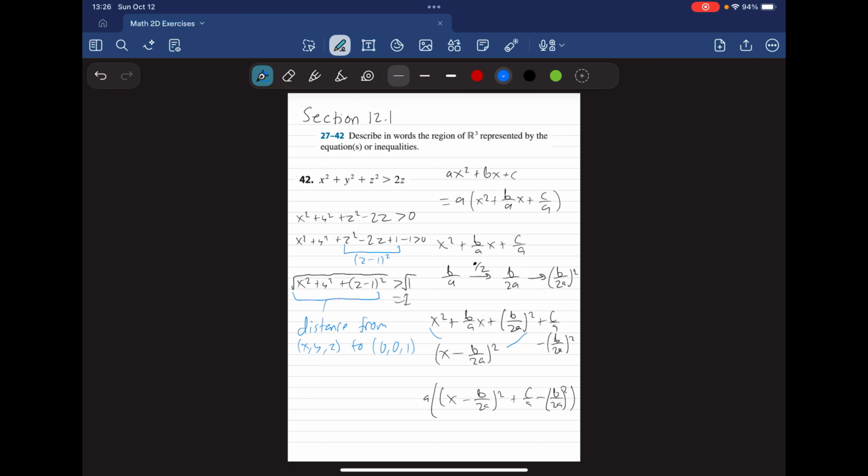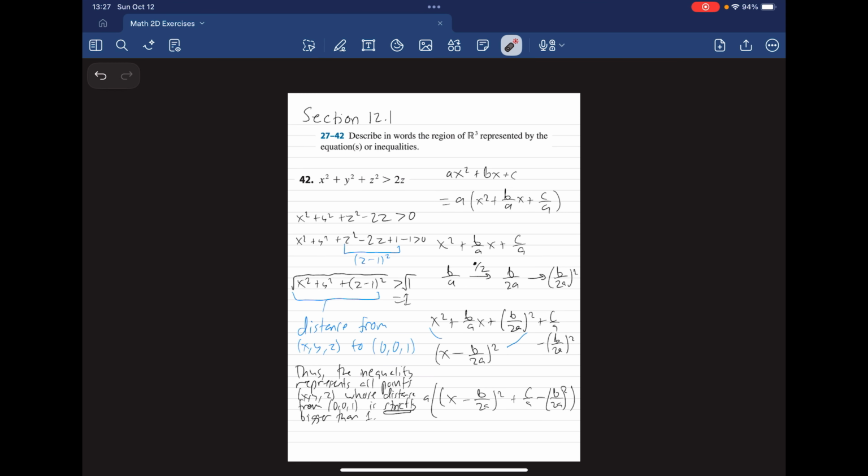So our inequality is describing, let me write this in words: thus, the inequality represents all points x, y, z whose distance from 0, 0, 1 is strictly bigger than 1. And we have the strict inequality here because of this strict inequality.